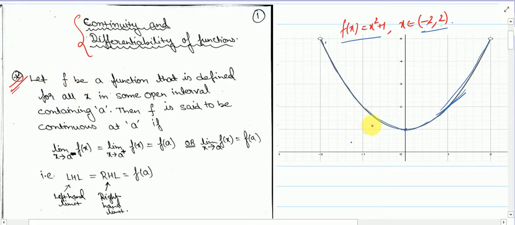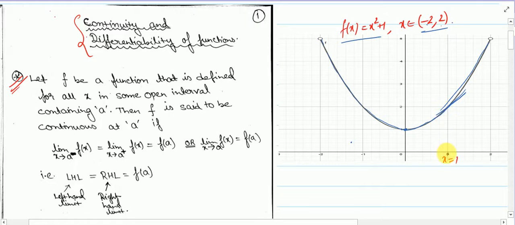Here we will be discussing the continuity of a function at a particular point. Like here, I take x equal to 1. At x equal to 1, I have to check whether this graph is continuous or not.